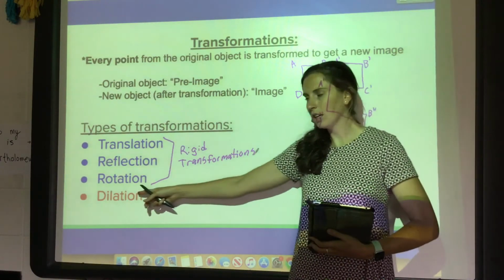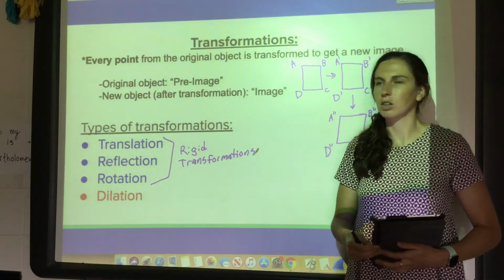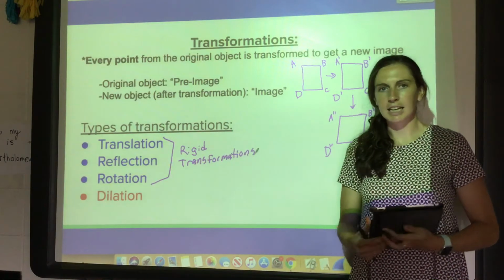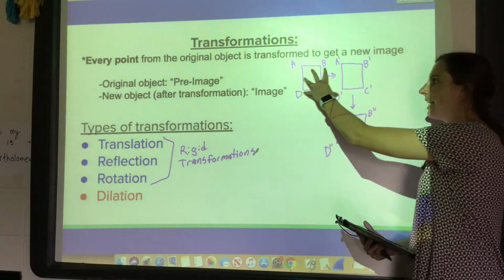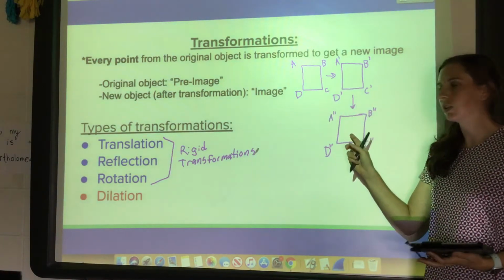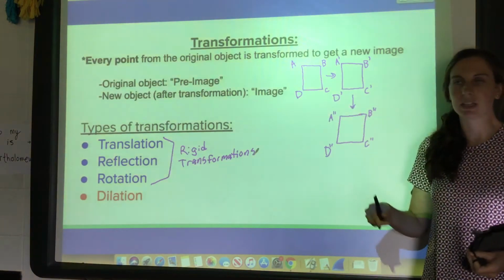A dilation is not going to change the shape, but it is going to change the size. It might get bigger or smaller. But with all three of these, the shape stays rigid. It moves, but all the lengths and angles stay the same. Every single new image is congruent to the pre-image.